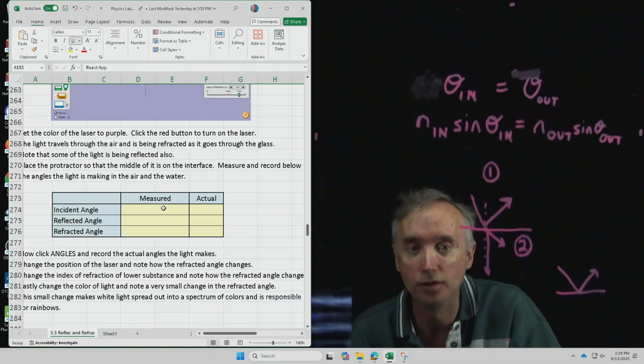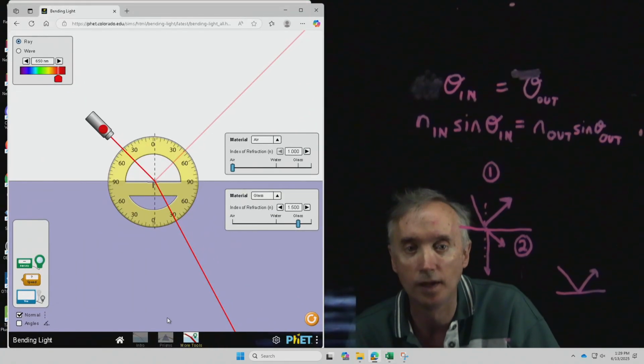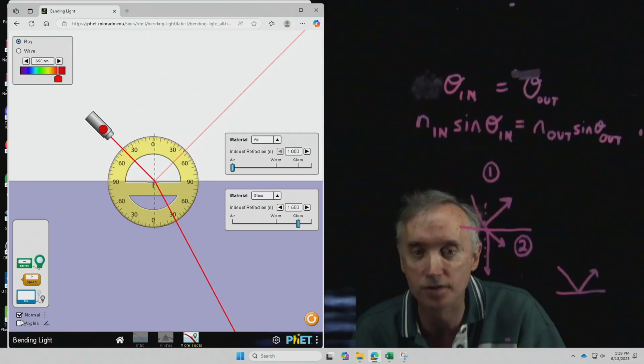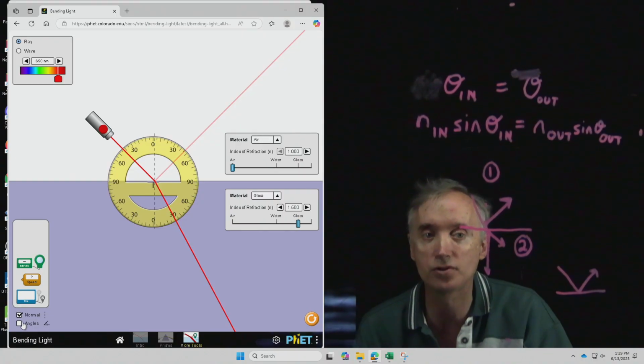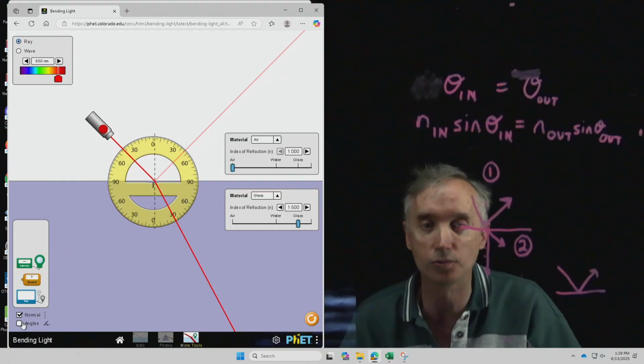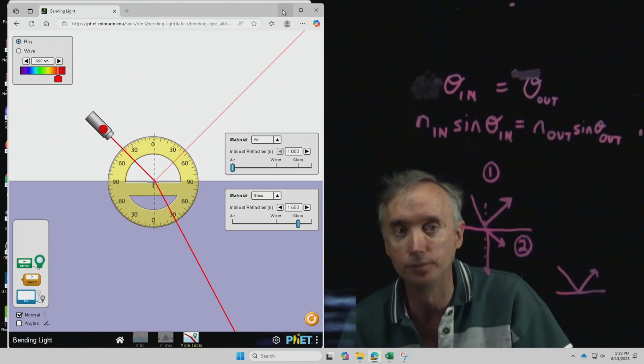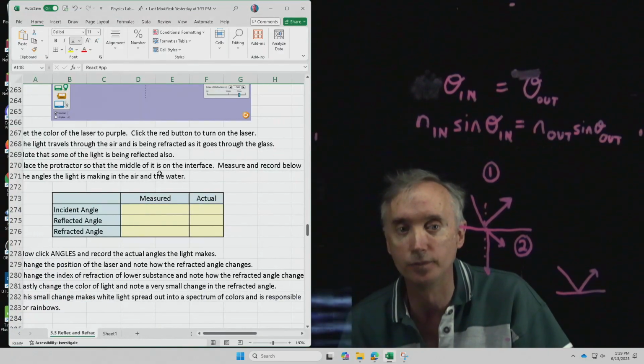Okay, then let's go back to the lab, and you're going to click, I'm not going to do it for you, but you're going to click on this button down here that says angles, and then it's going to show you what the angles really are. And then you will put that here for the actual angles.